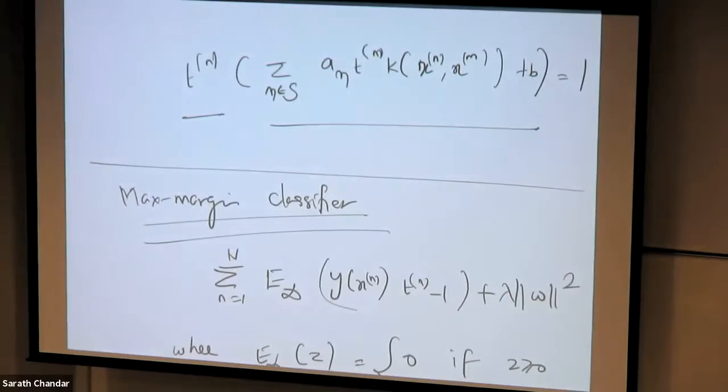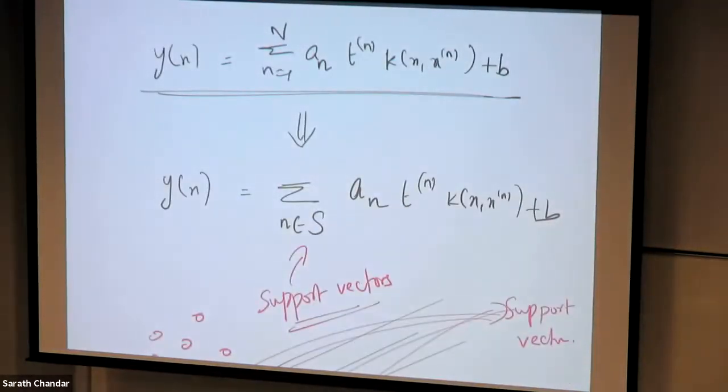Now, here is my model. If you think about it, you take any linear model, one way to make the model nonlinear is by using basis functions. So you take x and you get phi of x, which is a nonlinear transformation, then you have a nonlinear model. Now, the other way to make things nonlinear is by playing with this kernel.